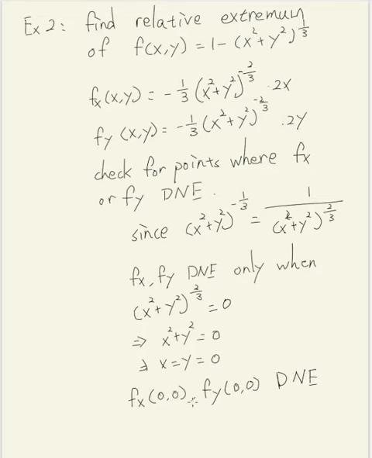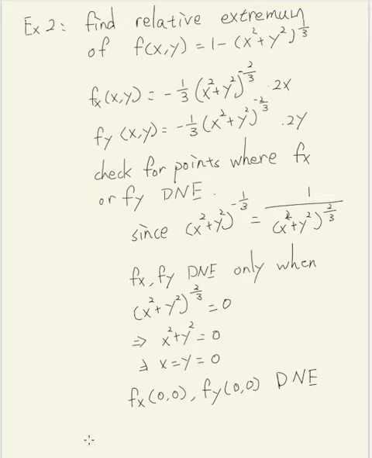Note that in this case, both of these partial derivatives do not exist at this point. But that's actually not necessary. All you need is one of them not exist. So if, say, f partial x doesn't exist, but f partial y does exist, that's still a critical point. So just keep in mind that that's what you're looking for.